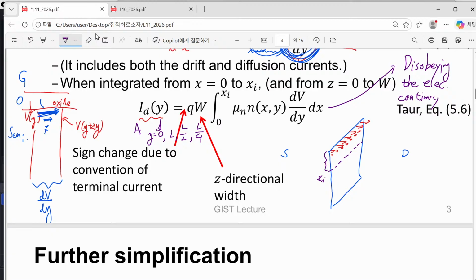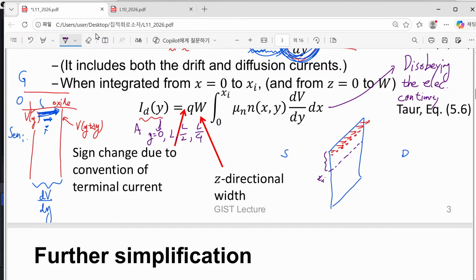So if that is not a constant of y, then we are saying that we are disobeying the electron continuity equation. It is not allowed. Just like you cannot disobey the Poisson equation in this lecture, similarly, you cannot disobey this electron continuity equation.